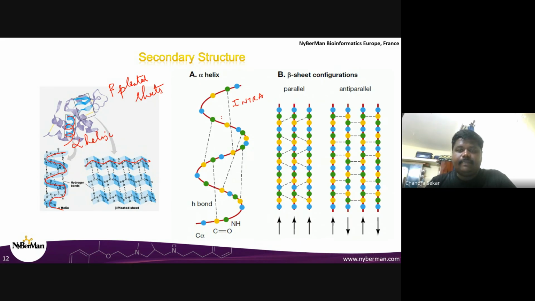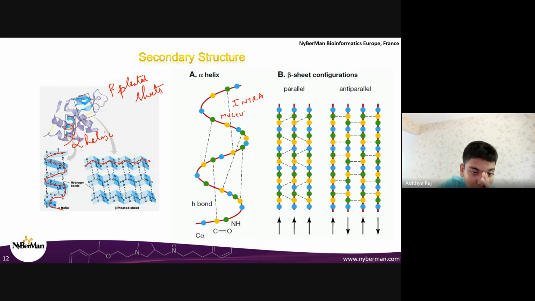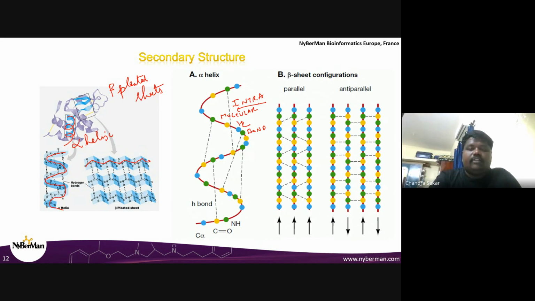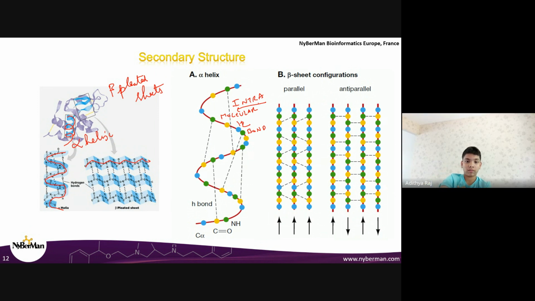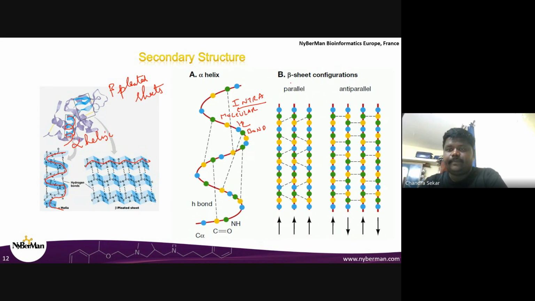What will they have? Intramolecular hydrogen bond. What is called intramolecular? Within the molecule, the hydrogen bond will be formed. Clear? What about beta sheet?